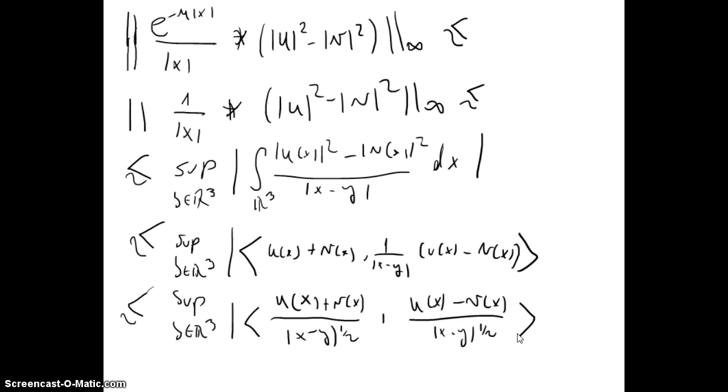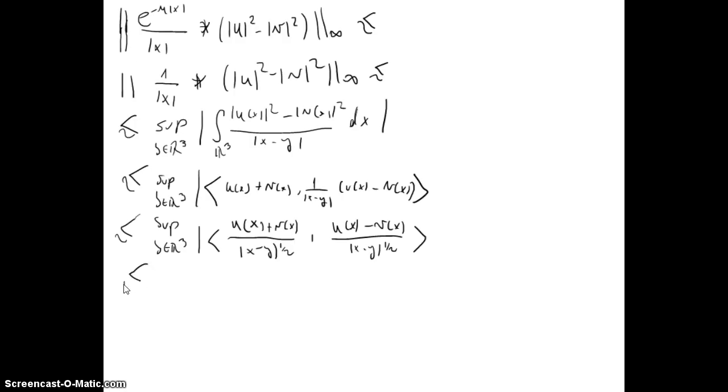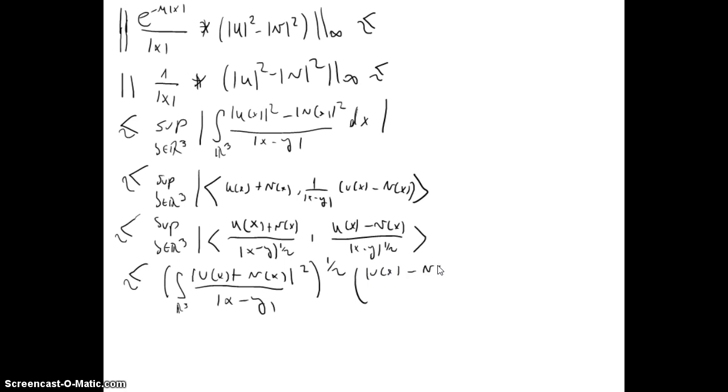Okay, so we can bound this by the Cauchy-Schwarz inequality, and we will have that the integral in R3 of ux plus bx squared over x minus y to the 1/2, and then we will have the same, but instead of plus we will have minus, squared over x minus y to the 1/2.